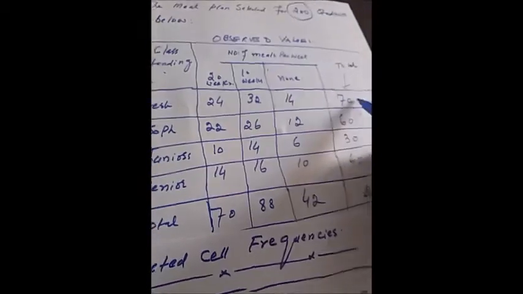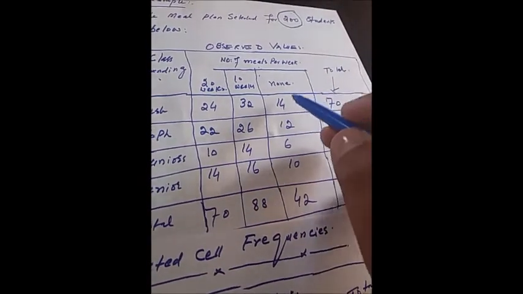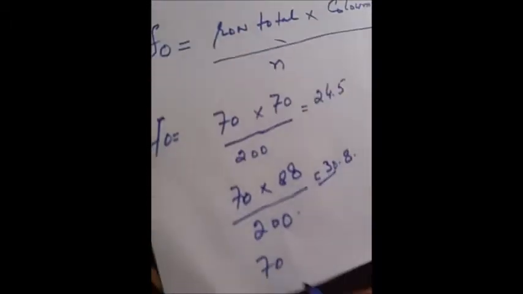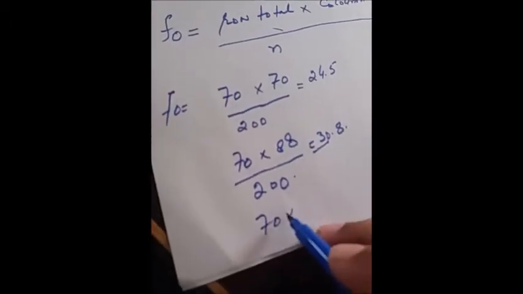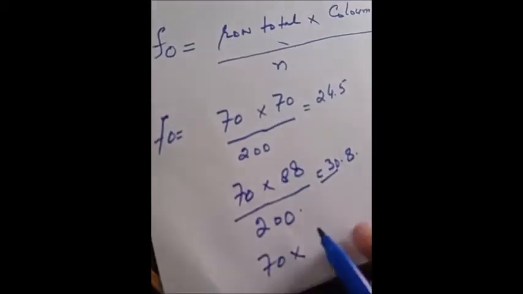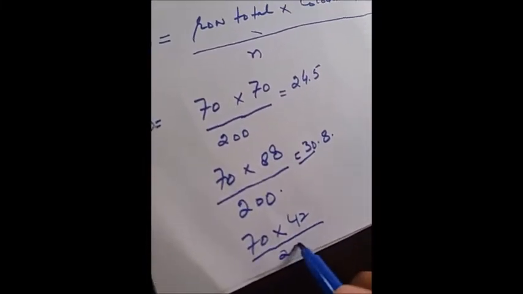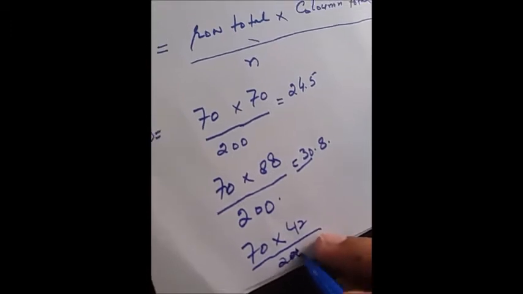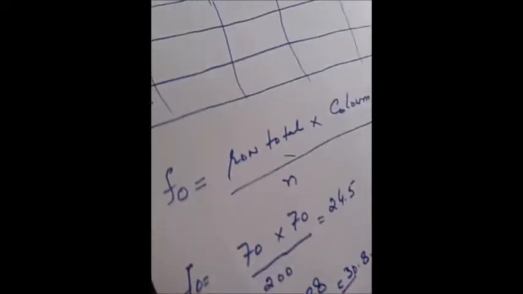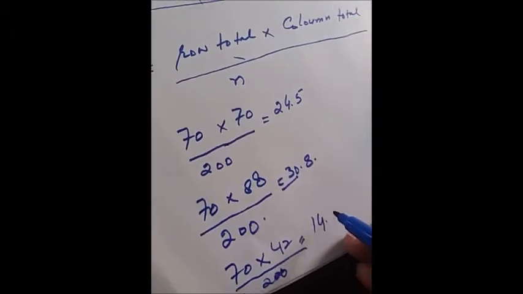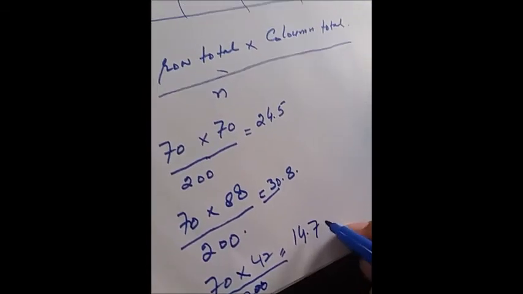The row total is 70, multiplied by the column total 42, divided by 200, which is equal to 14.7.